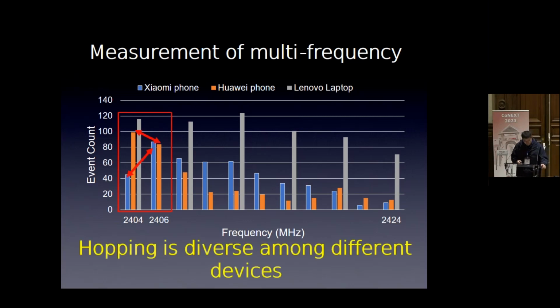This Xiaomi device allocates more transmission on the second channel, while the Huawei device allocates more transmission on the second channel. And the laptop does not use the second channel. Since Bluetooth hopping is adaptive to the environment, the channel distribution of different devices is diverse.